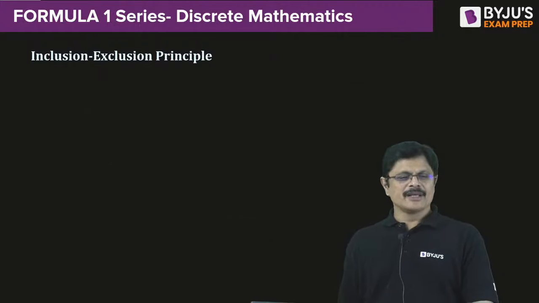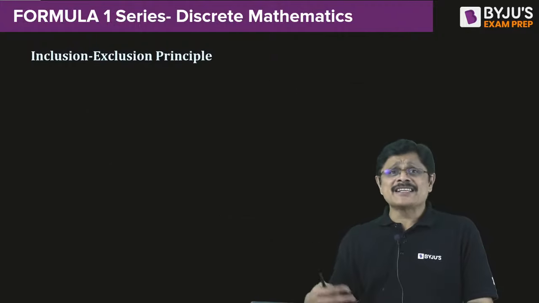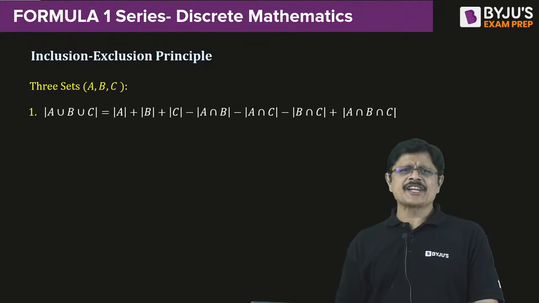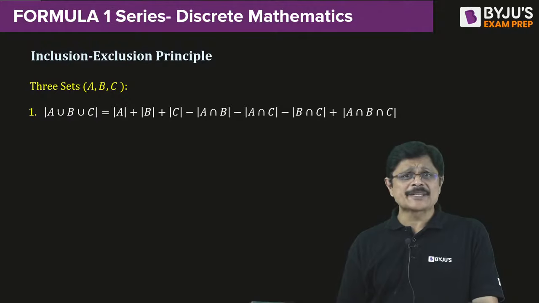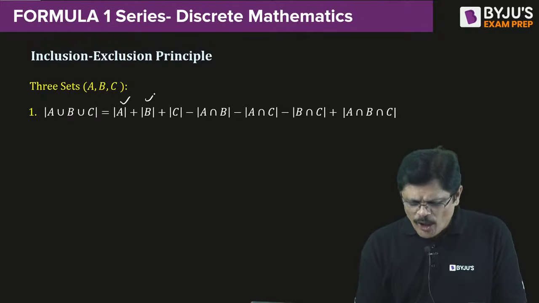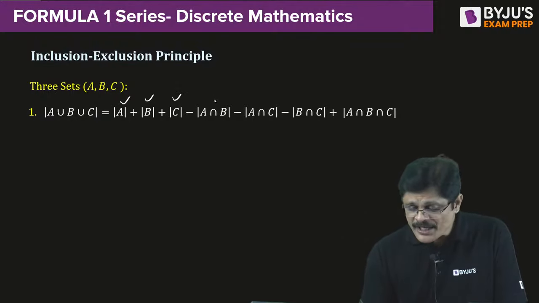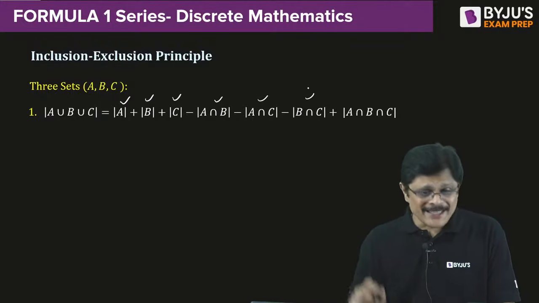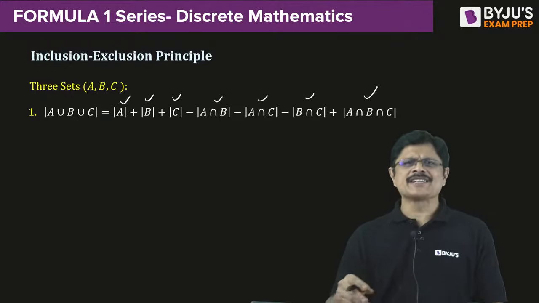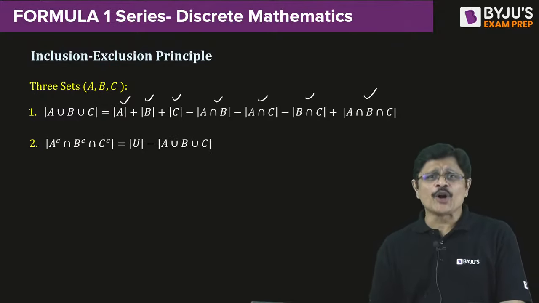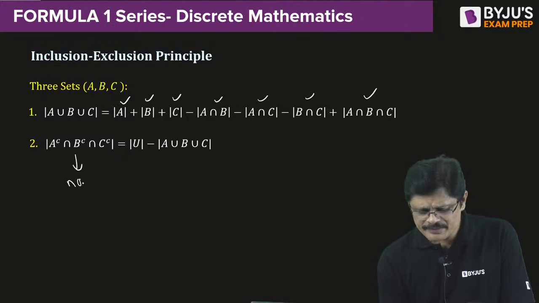Next, we can generalize this for 3 sets also. When you are having 3 sets, there is a very interesting way of remembering this inclusion-exclusion principle. All 1 combinations are added, all 2 combinations with a minus sign, all 3 combinations with a plus sign. And when you want neither A nor B nor C, this is called none.